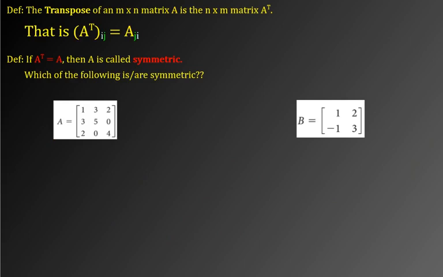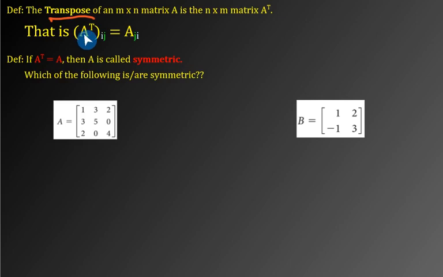And I do want to formally define it right here. So this transpose thing that I'm talking about of an m by n matrix, because you can do it for an entire matrix, a large matrix, not just a small one like I did, is an n by m matrix, and we denote it A to the T power. And it's not really a T power or something, it's just the notation.